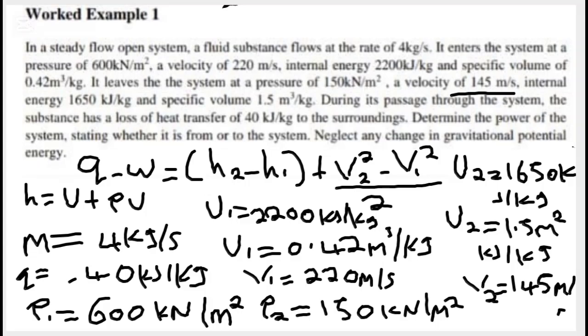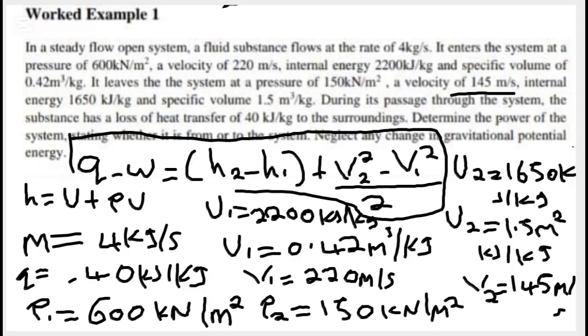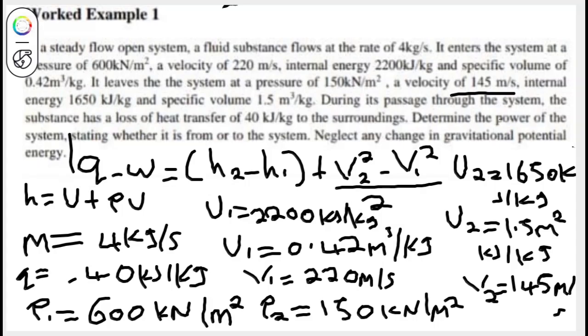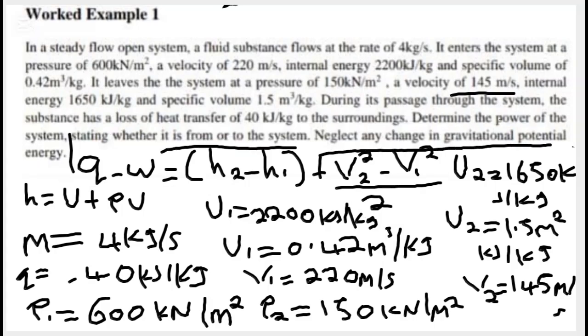The next thing that I'm going to do, this is a general formula that I'm going to use in order to find the specific work done and the power of the system. The question says we are to determine the power of the system, and neglect any change in gravitational potential.